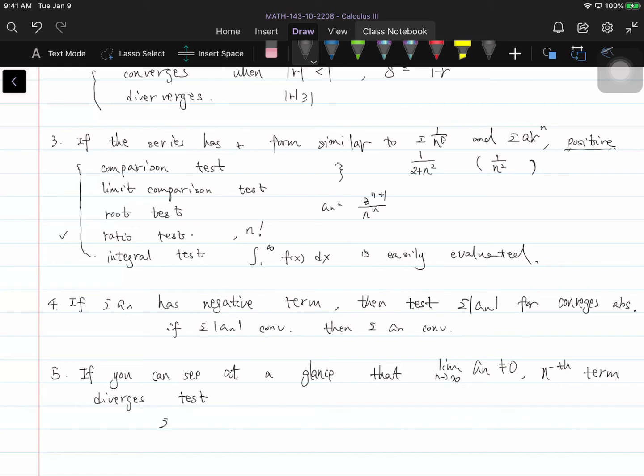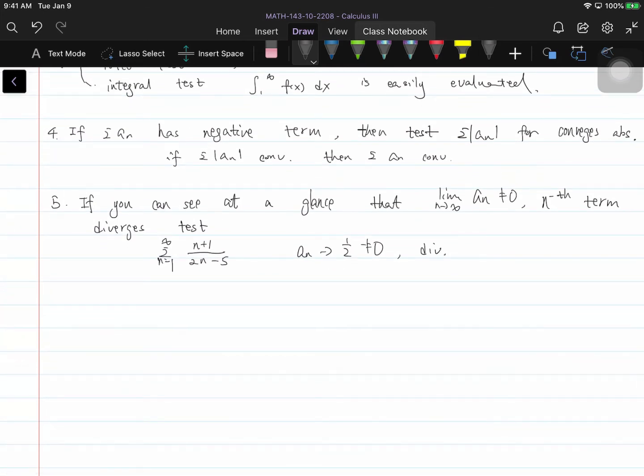For example, if we have something like (n plus 1) over (2n minus 5), by looking at this series, we know a_n goes to 1/2, which is different from 0, then we can just say it diverges, right?